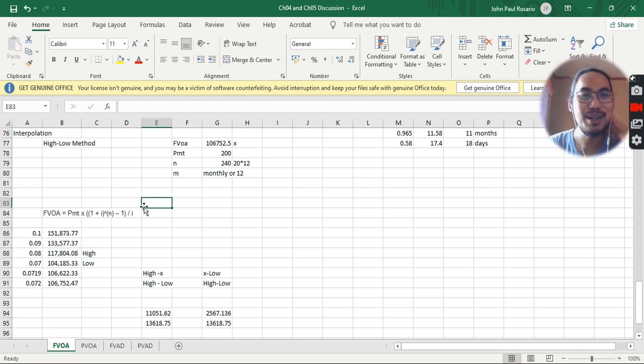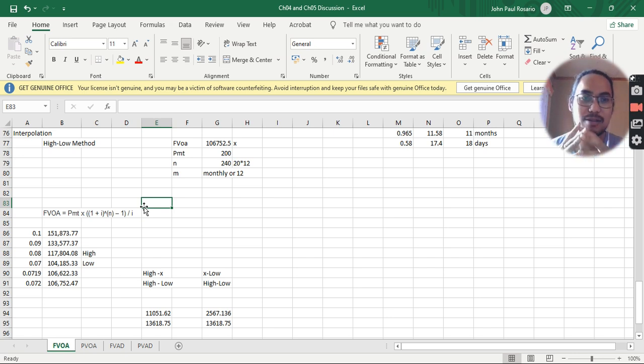The future value of an ordinary annuity with payment of $200 per month, and the total number of payments is 20 years or 240 periods at 10% interest rate, no?